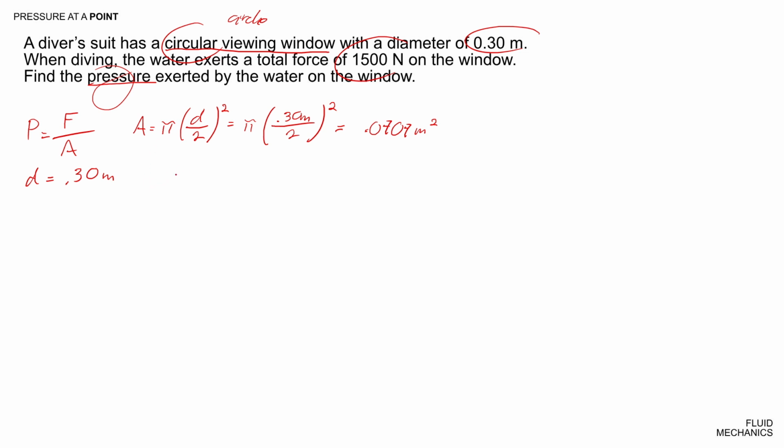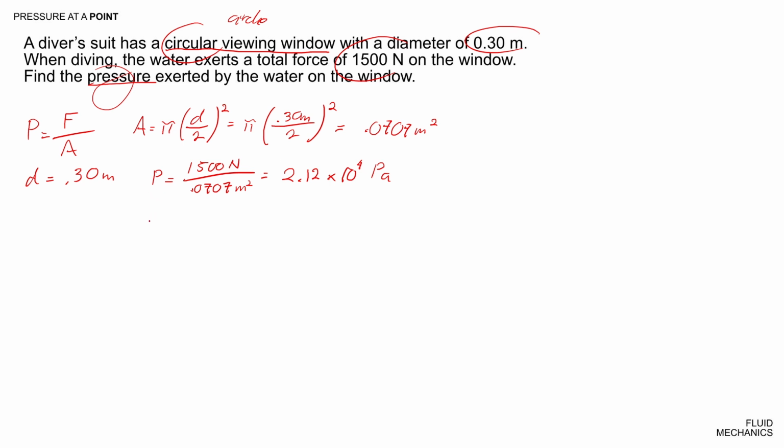Now we have the force and the area, so we can calculate the pressure, which is 1,500 newtons over 0.0707 meters squared. Using your scientific calculator, you get a pressure of 2.12 times 10 to the 4th pascals.